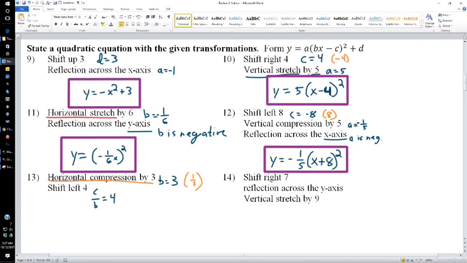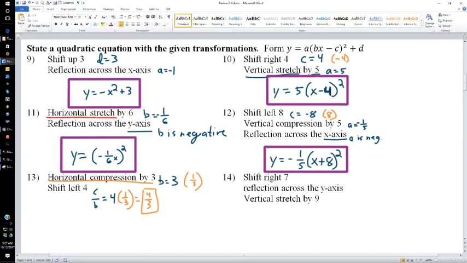Basically what we're going to do is multiply 4 by the b value, which is 1/3, which is 4/3. That's what your c value is going to be. This one's a little tricky because it's got a horizontal compression and a shift left 4.